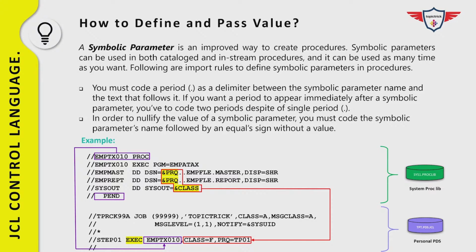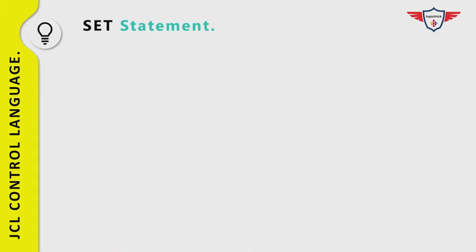You can simply get a copy of that job in your test environment, change the symbolic parameters as per your test environment, and run that job. Due to this flexibility, it is always recommended that you use symbolic parameters while writing your procedures.